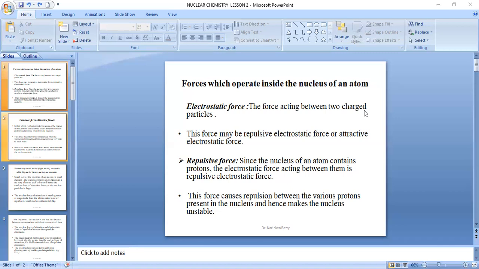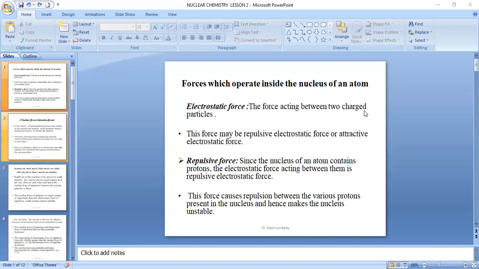When we looked at the composition, we said that the nucleus is composed of protons and neutrons. And the mass of the nucleus is equal to the sum of the protons and the neutrons. Another property, we said that a radioactive nucleus can emit alpha, beta, gamma, and other particles.